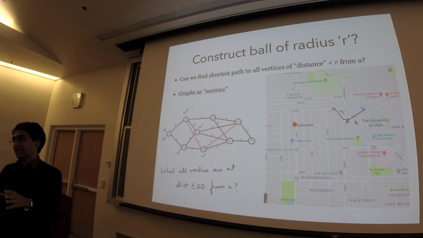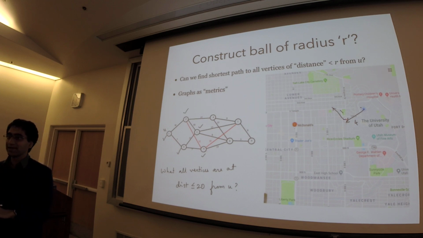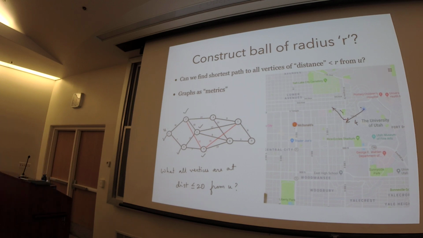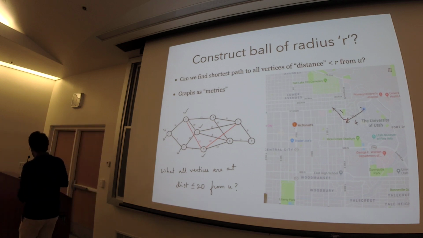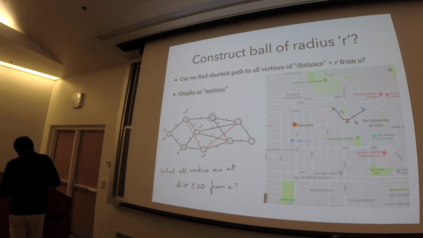So a metric is just a distance function. Okay, so it's nothing fancy. It's just a distance function, and very often people think of graphs as metrics because the shortest path in a graph behaves as what is called a metric. Okay, so it's just a distance between u and v. The important thing is that this satisfies the triangle inequality: d of u v plus d of v w is bigger than or equal to d of u w.